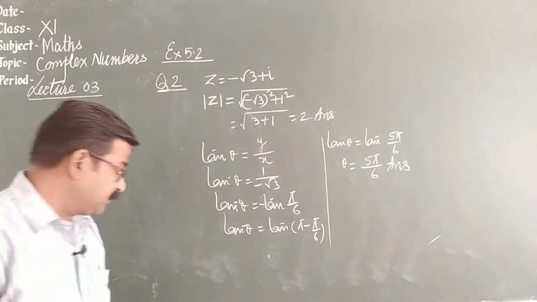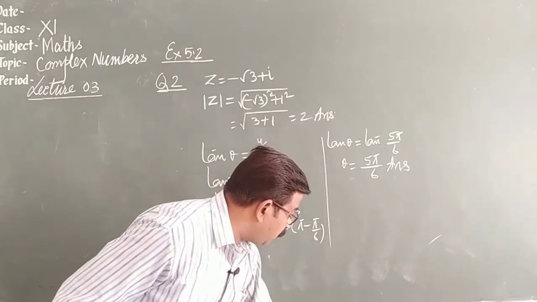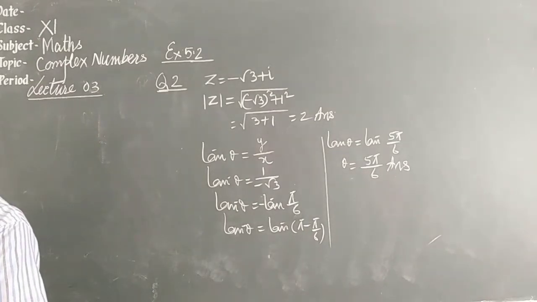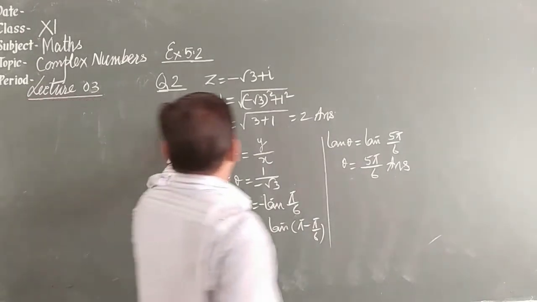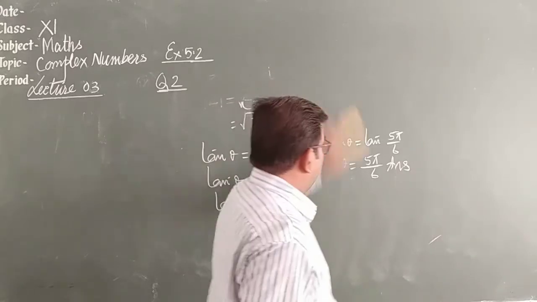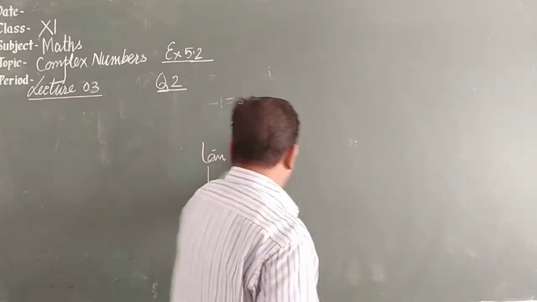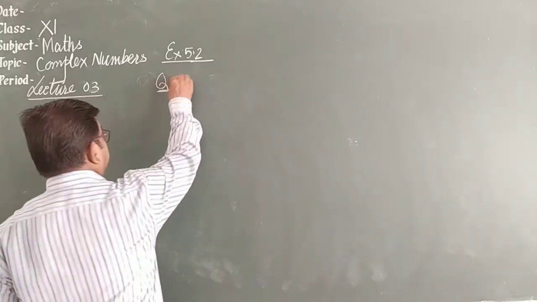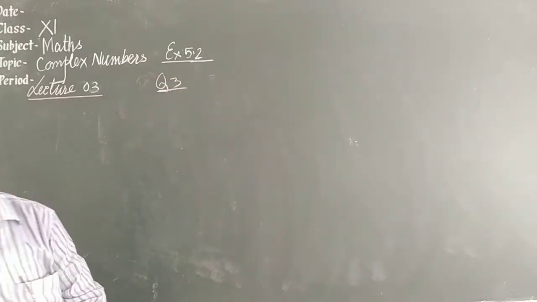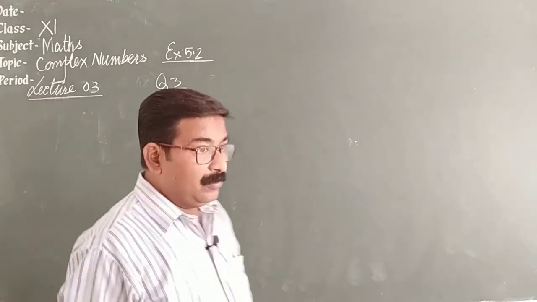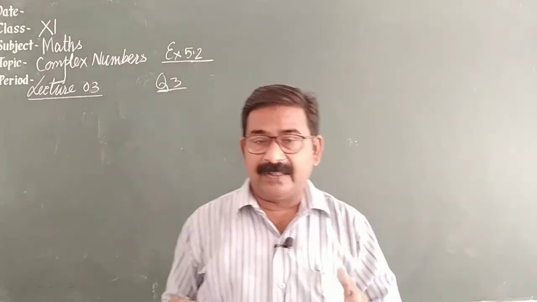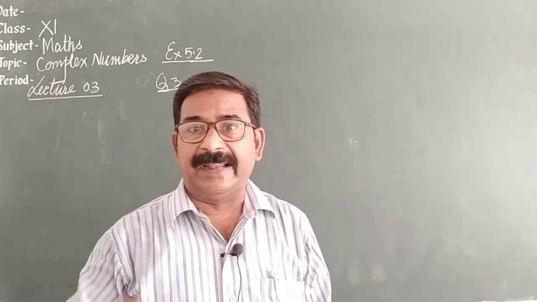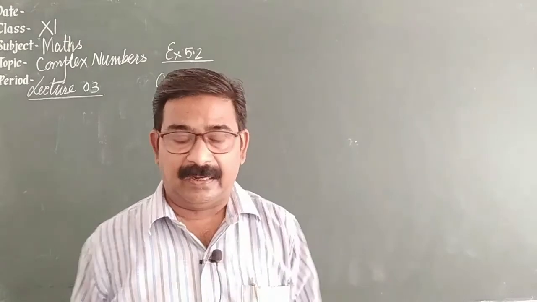I will tell you one question. What is polar form? You need not write this in your copy, I am just going to tell you what polar form is. Polar form means we write the complex number according to its amplitude, that is, its angle.